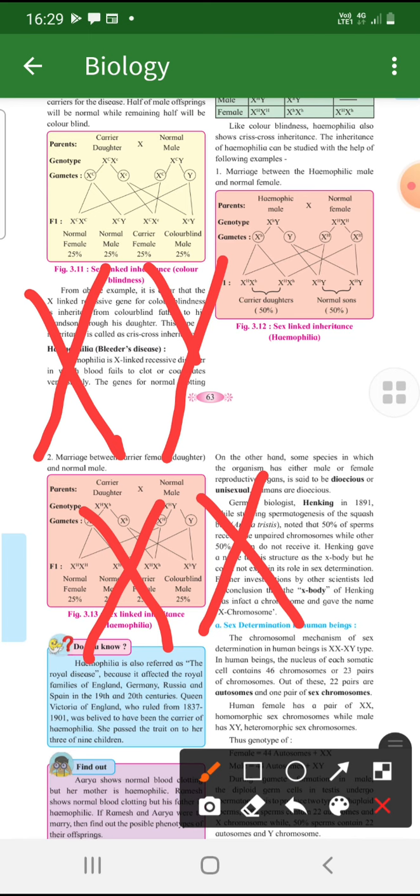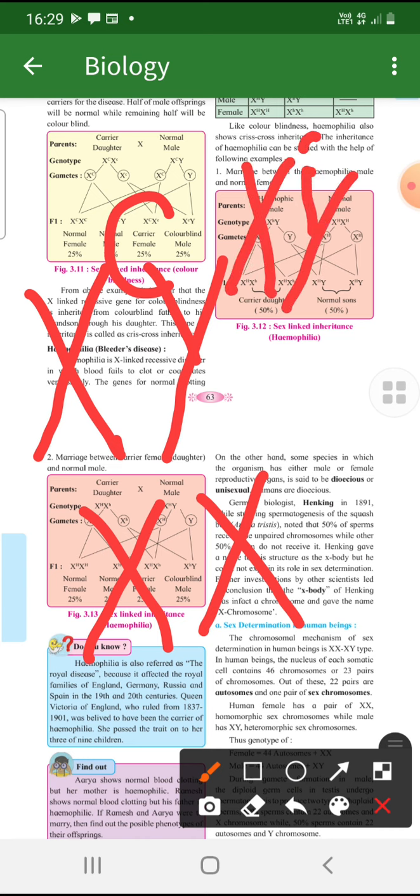Now if this male is normal for colorblind, then it should have capital C. If this male was a colorblind male, then it would be small c, right? Whereas if we talk about a female, a colorblind female must have small c, right? Whereas if I am saying a normal female, it should be capital C, capital C.